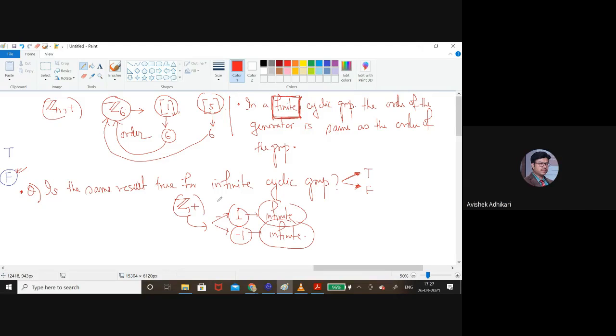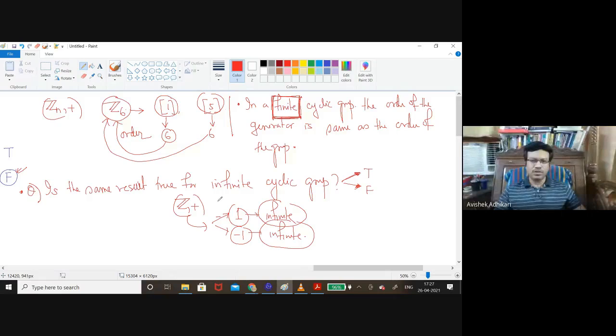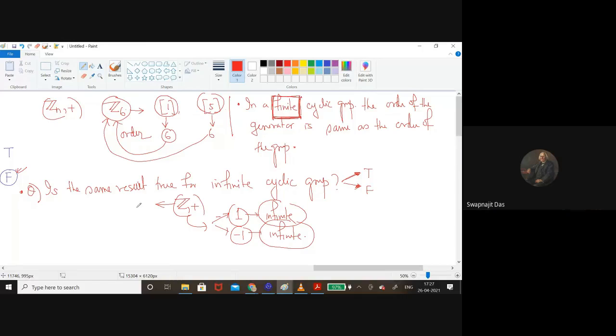Quickly, another example. So this is an infinite cyclic group. Another example of an infinite cyclic group. Okay, from Z, can you construct some infinite cyclic group? nZ.